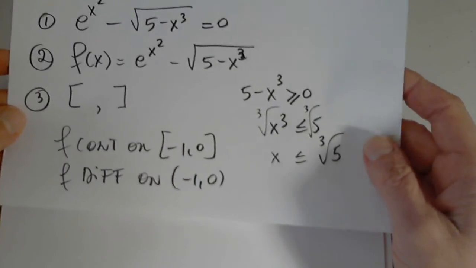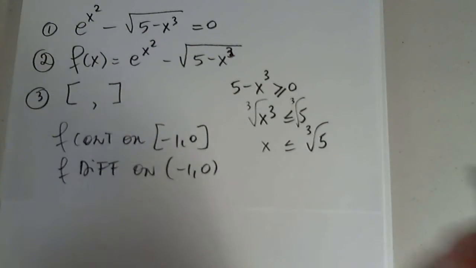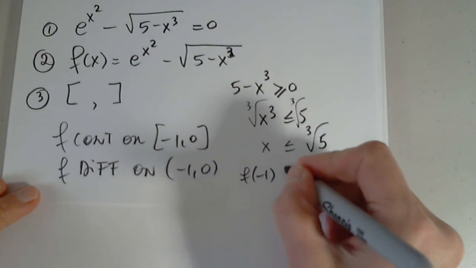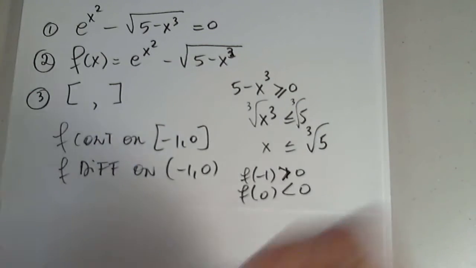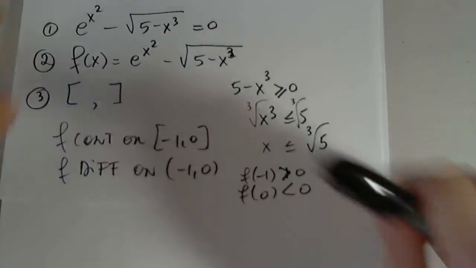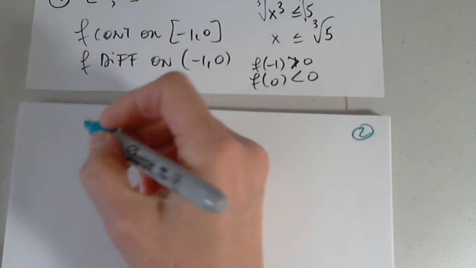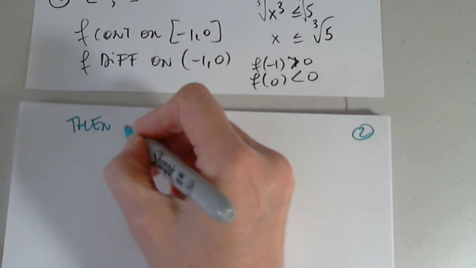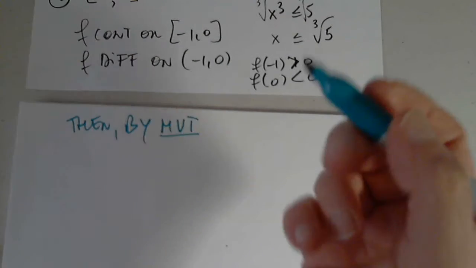Okay, where am I? So f is continuous and differentiable on this interval, and it changes sign. f of -1 is positive, and f of 0 is negative. Then by MVT, by mean value theorem, not intermediate value theorem.